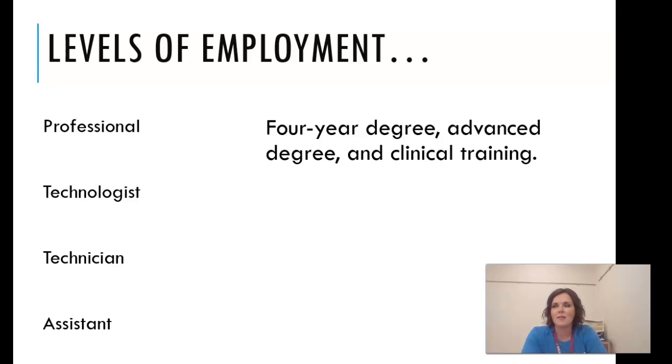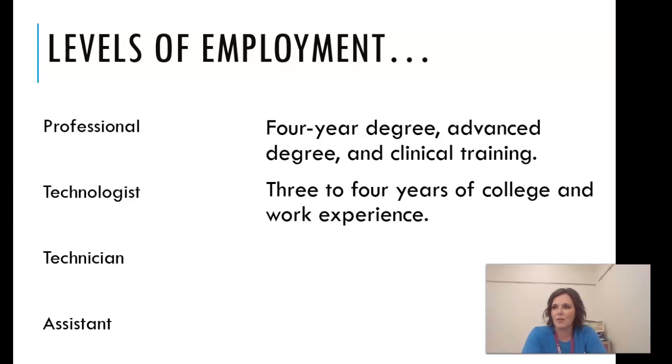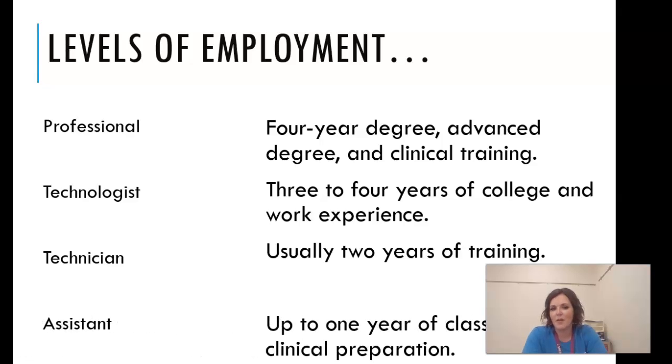So somebody who is a registered nurse who has their 4-year nursing degree, they would be considered a medical professional. A medical doctor, okay, they have a 4-year degree. A technologist in general is somebody with 3 to 4 years of college and work experience. A technician is somebody with usually 2 years of training. An assistant is usually somebody with 1 year of training. And then an aide is somebody who has a high school diploma or on-the-job training.